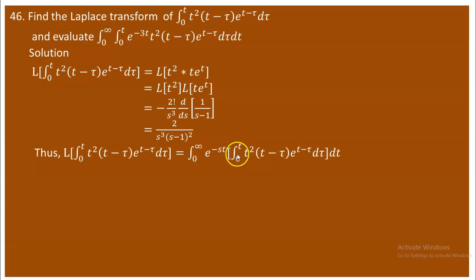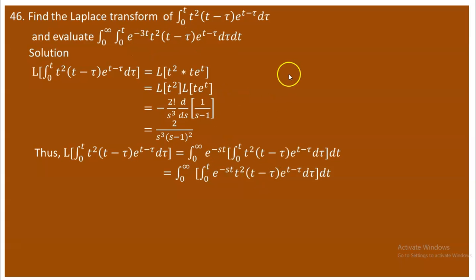Now, e to the power of minus st can be put inside here, because the integration is done with respect to tau, so we can have this expression as you see, no problem. But now compare the one we are having here with the one written here. What difference can you observe?